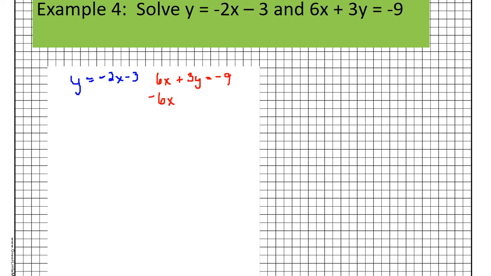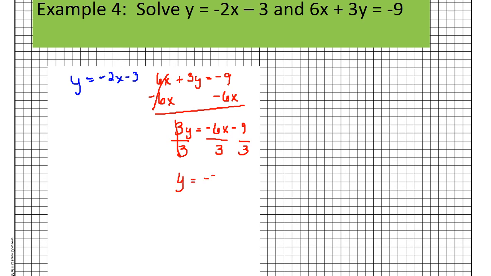So we subtract 6x from both sides. It gives us 3y equals -6x minus 9. Divide by 3. And we've got y equals -2x minus 3.